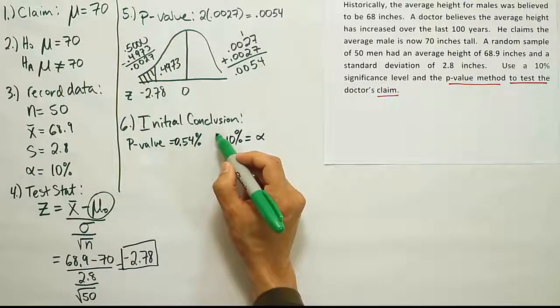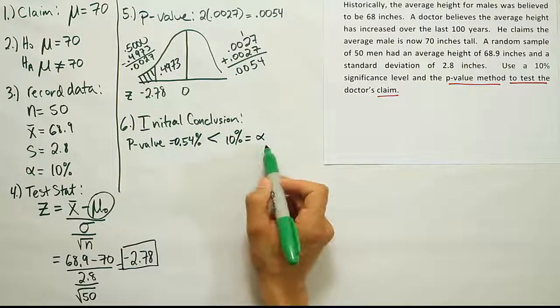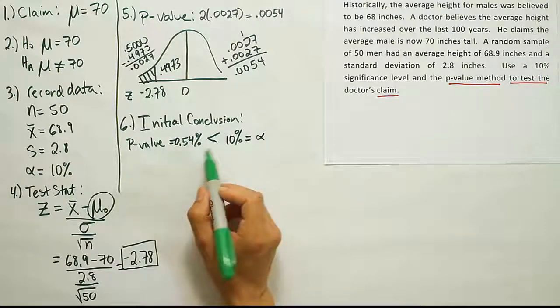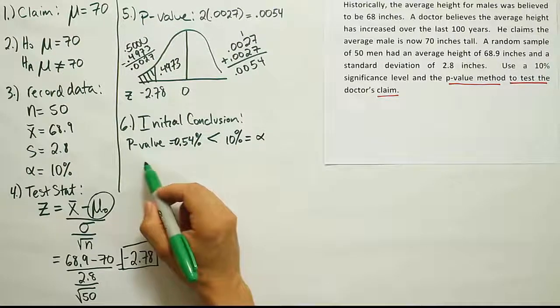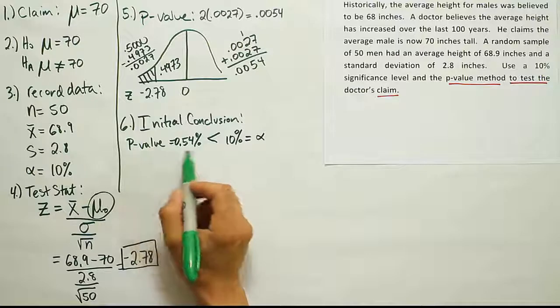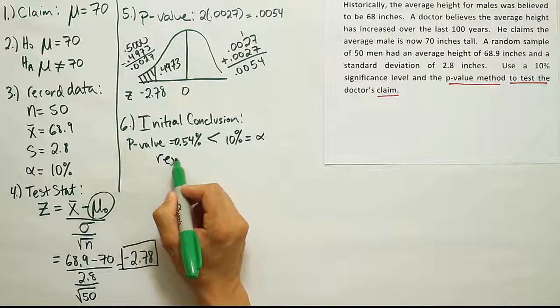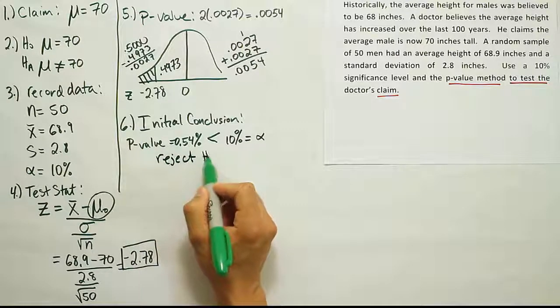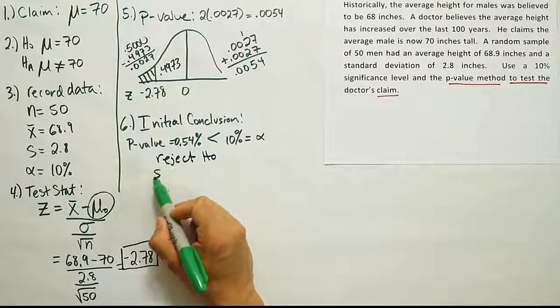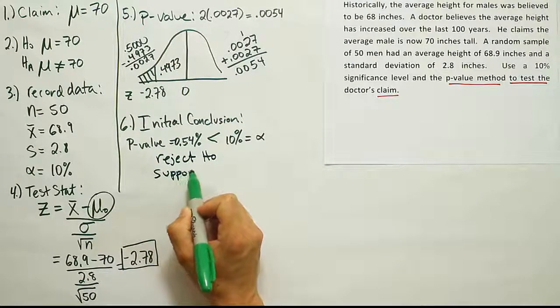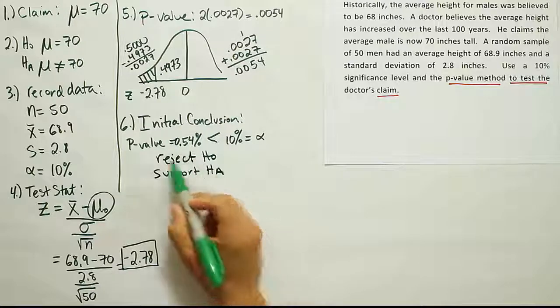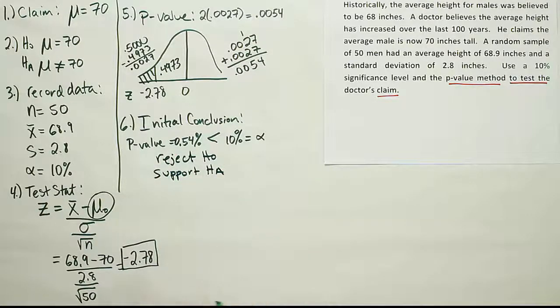Well, in this case, we definitely see that the p-value is far less than alpha. And whenever the p-value is less than alpha, we reject HO. So remember, if p is less than alpha, you reject HO. And if you reject HO, you simultaneously support HA, because that goes hand in hand, right? If you do one, you do the other.